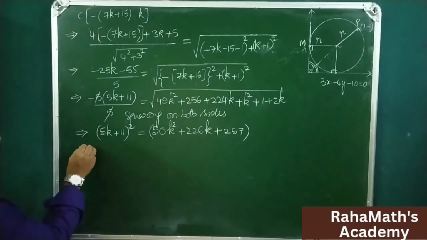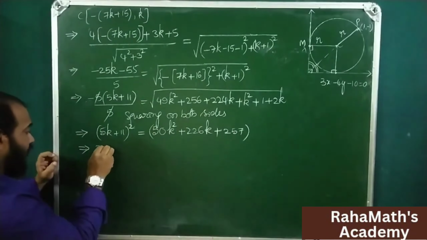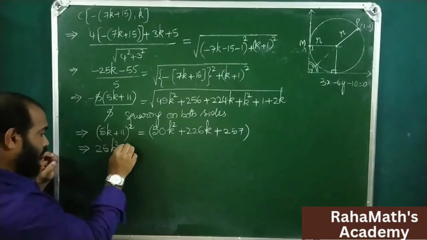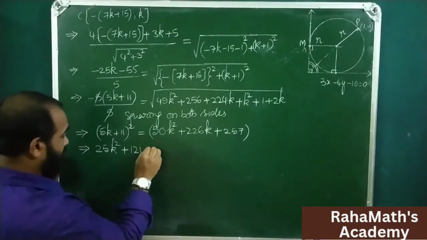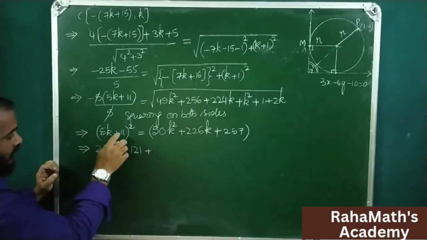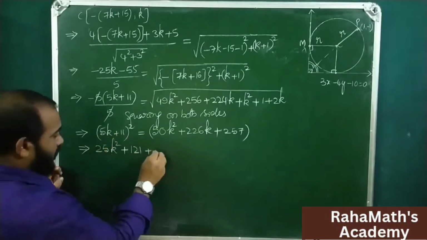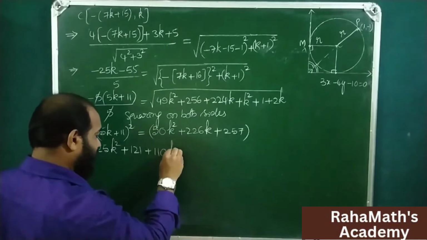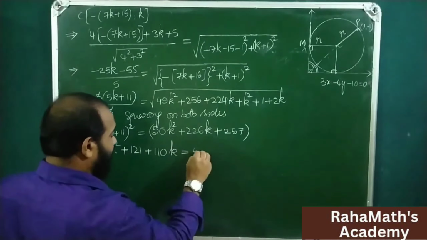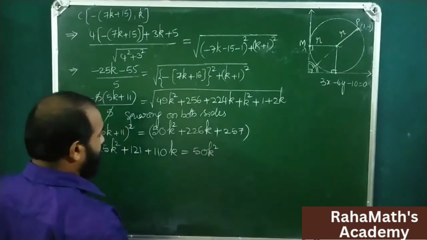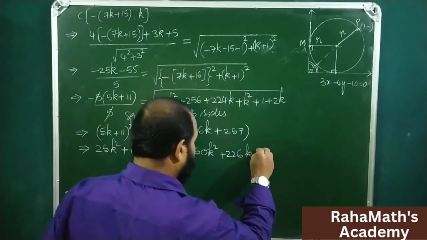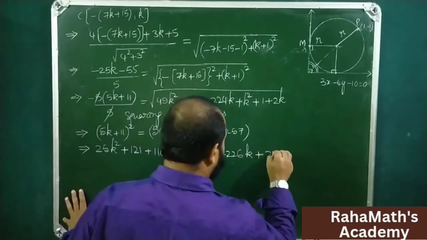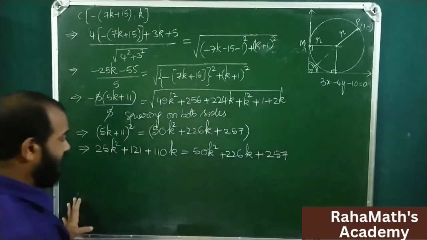Now 5k square is 25k square plus 11 square 121 plus 2 5s are 10, 10 11s, so 110k is equal to 50k square plus 226k plus 257.